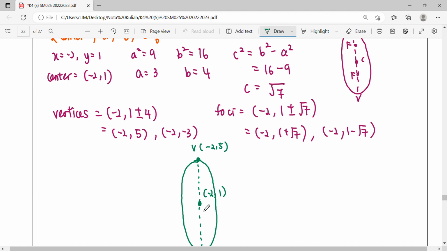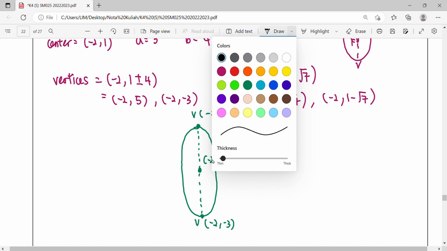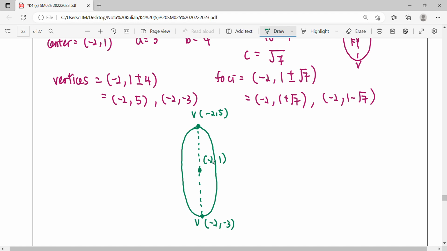This coordinate is only negative 2, meaning the distance from here to here is only negative 2, meaning this point to the y-axis is only 2 units. But this ellipse has a horizontal size of 3 units, meaning it goes through your y-axis. So here will be your y-axis. And then when you see your center, this is the y coordinate.